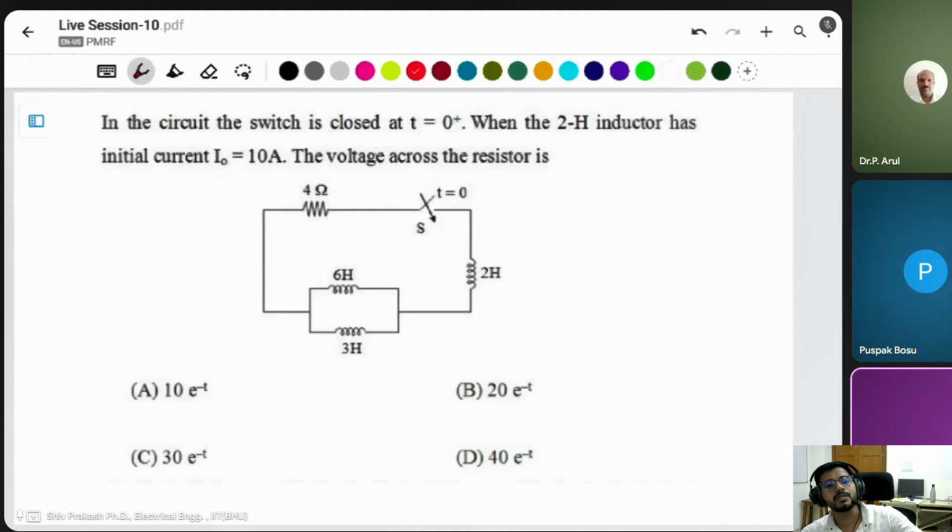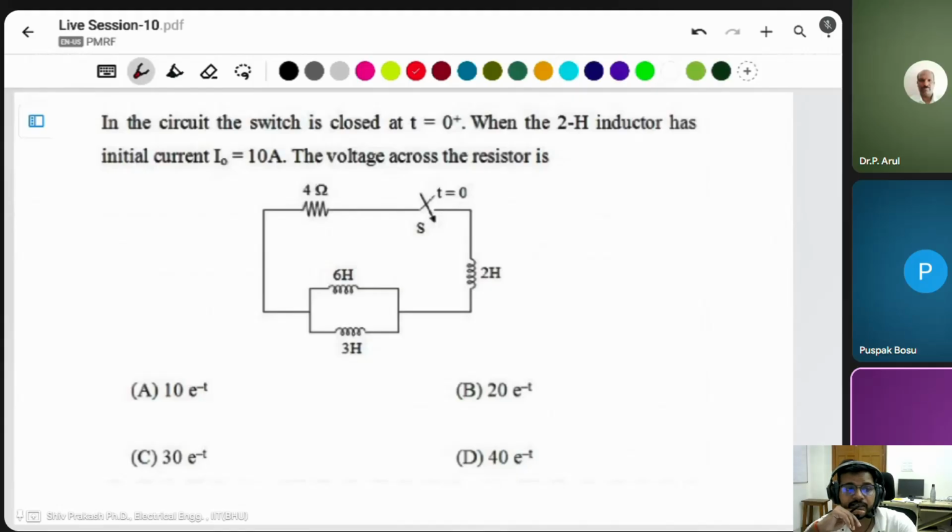In the circuit, the switch is closed at t equal to 0 plus. When the 2 Henry inductor has the initial current of 10 ampere, the voltage across the resistor is asked. He is asking about the voltage, not the current.